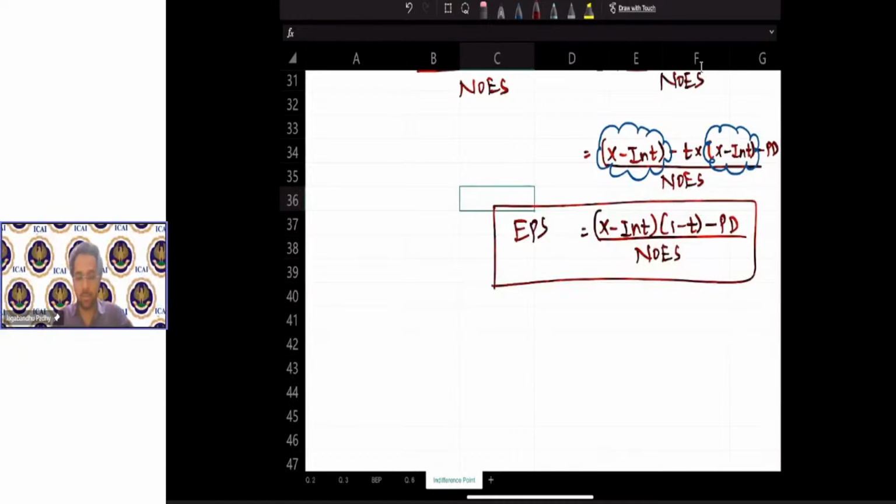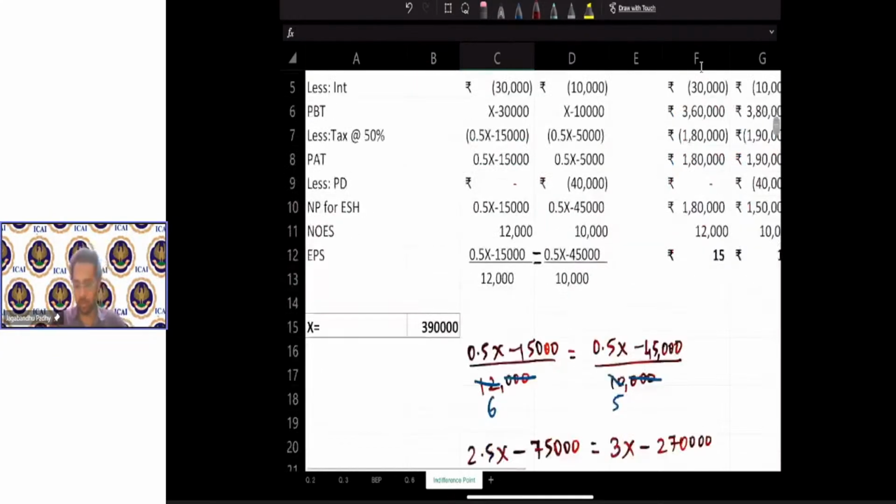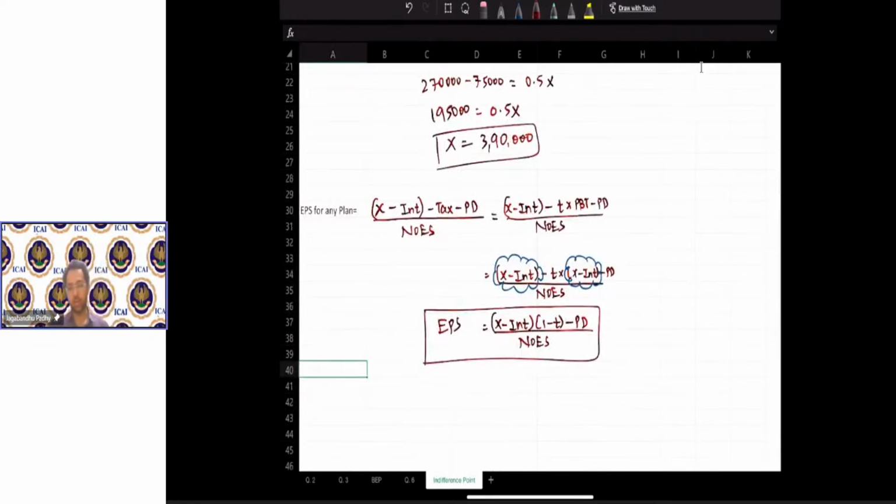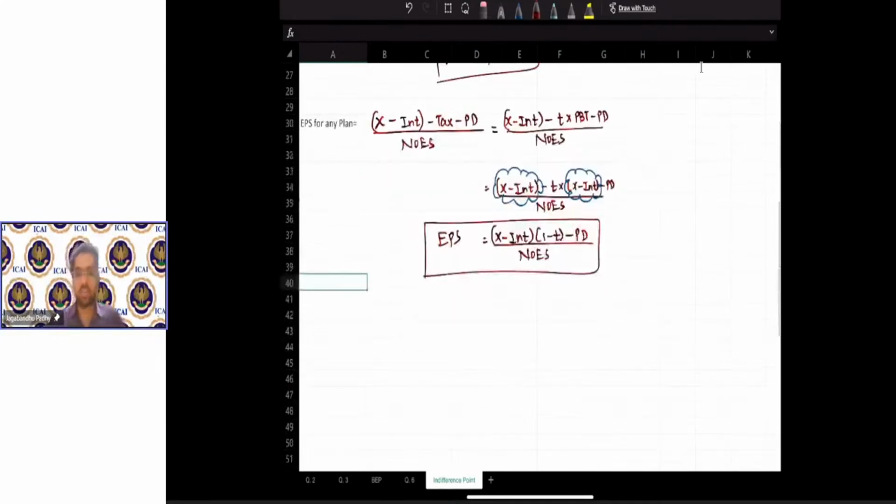So remember this formula: EPS equals (X minus interest) into (1 minus t) minus preference dividend, upon number of equity shares. Okay, got it, guys? True?